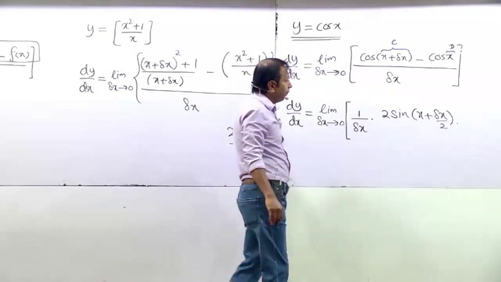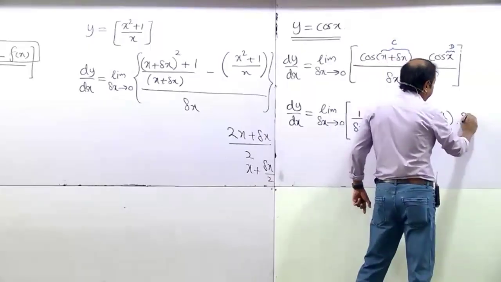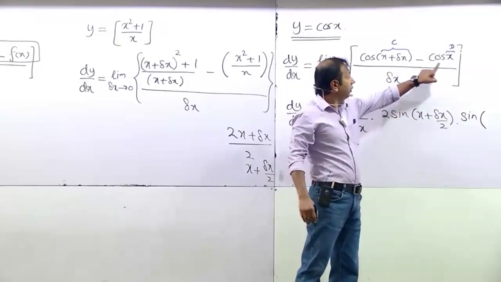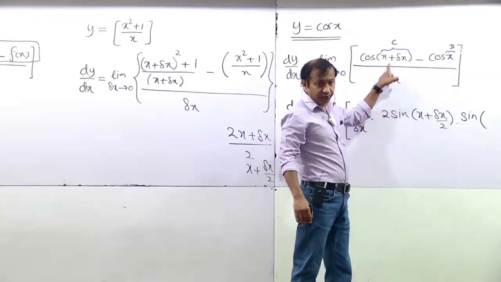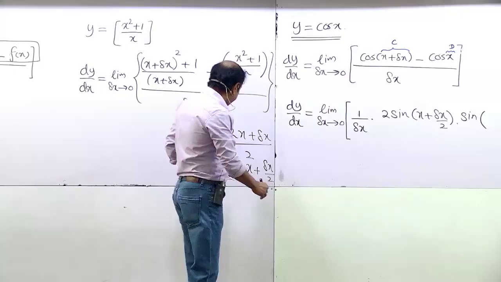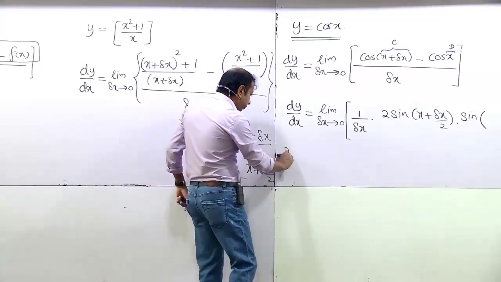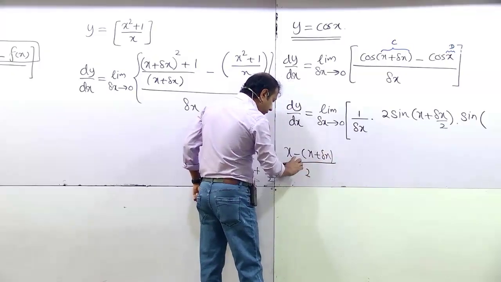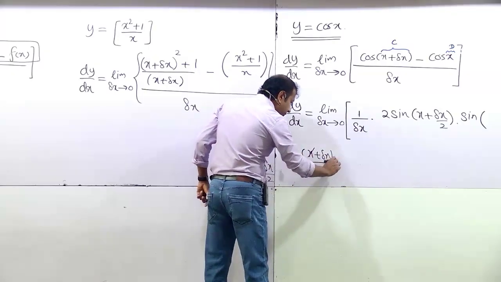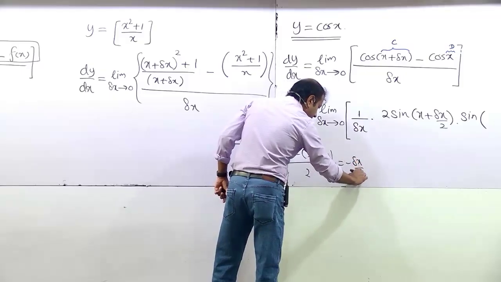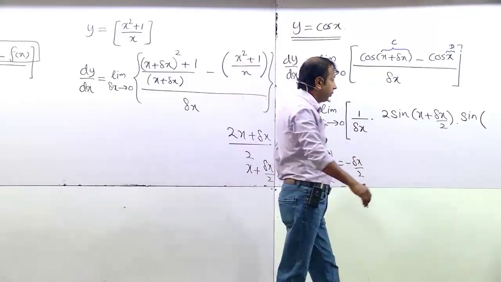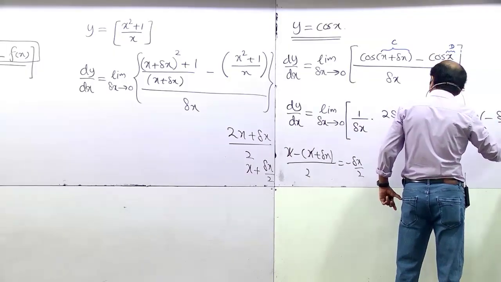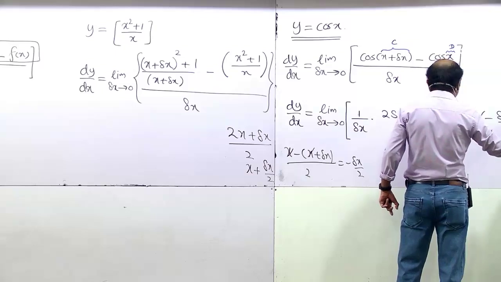And second one, sine of D minus C by 2. From this we have to subtract this, right? From x, subtract x plus delta x, and this should be divided by 2. Previous bracket, these two we can cancel down, we get minus delta x by 2. This way we get.